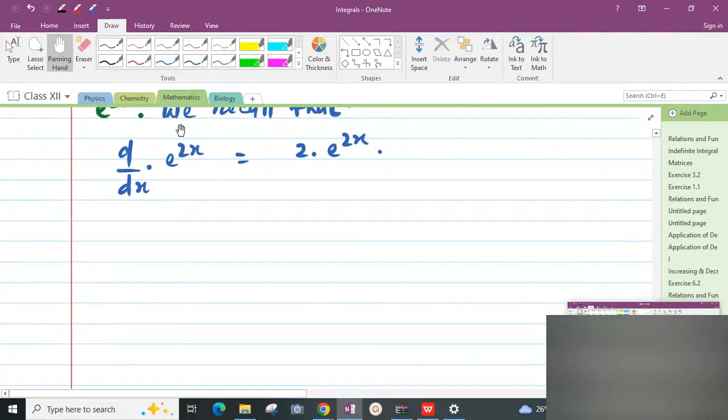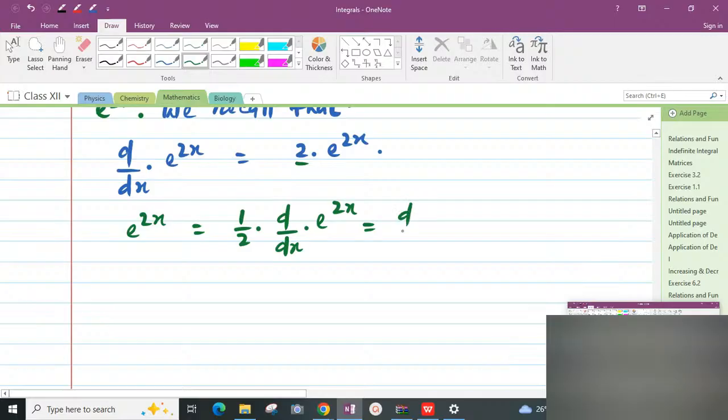So the next step will be, when this 2 moves to the left hand side, we get 1 by 2 derivative of e to the power 2x equal to, we write down here, derivative of 1 by 2 into e to the power 2x.